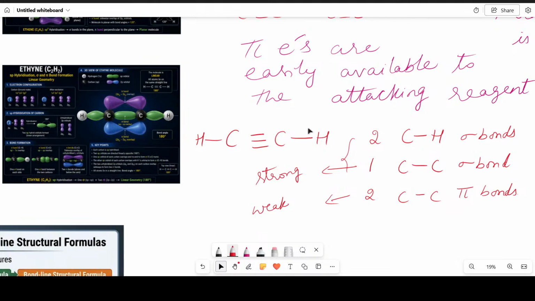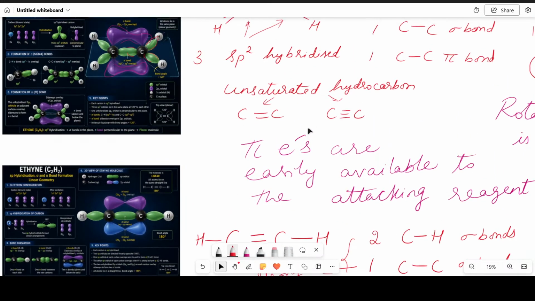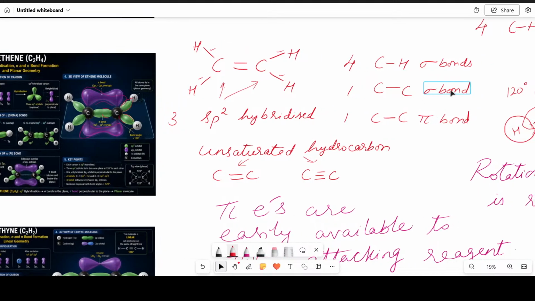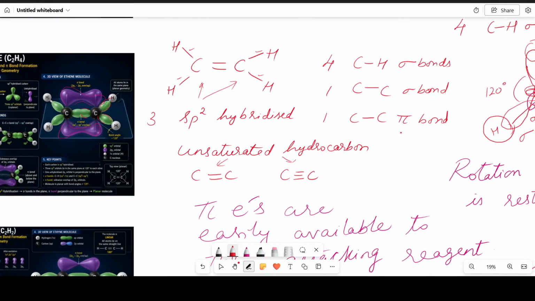Similarly, in case of alkenes, there are 4 carbon hydrogen sigma bonds, 1 carbon carbon sigma bond and 1 carbon carbon pi bond. So this sigma bond is strong, whereas the pi bond is weak.